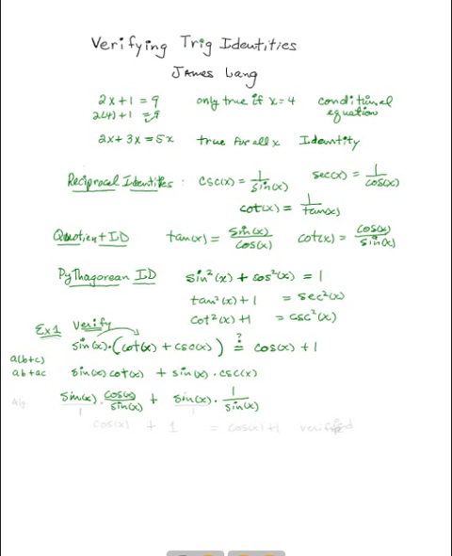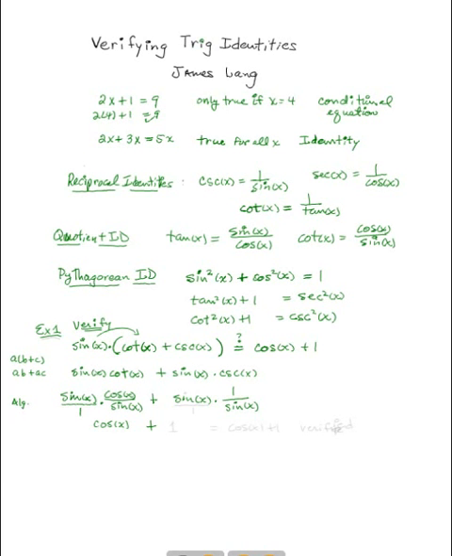Now, you can see in the first term that sine of x can be thought of as a fraction, sine of x over 1, and we're multiplying that by another fraction, cosine of x over sine of x. And when you multiply that, you'll have a common factor of sine of x in the top and bottom, which will cancel out, and you'll end up with just cosine of x over 1. And that's just cosine of x. So this is just some algebra of fractions.